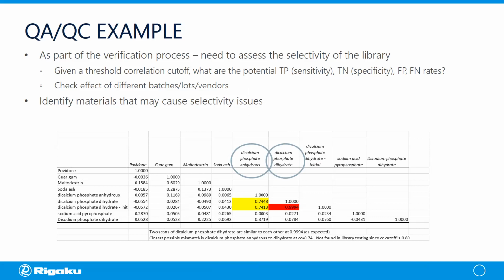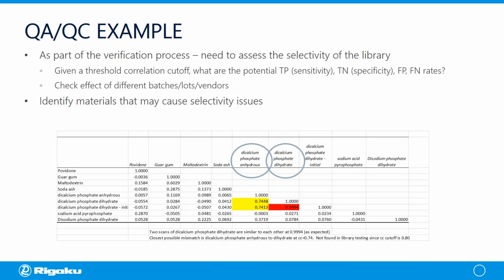So that was good. Then next we're looking at, is there any possible mismatch, or is there any issue because of the different sources of this dicalcium phosphate dihydrate? And that's shown in red, where we compare dicalcium phosphate dihydrate initials, so the retained sample that was in the lab, with the new vendor or batch or lot of dicalcium phosphate dihydrate, and we see that there's a correlation of 0.99.